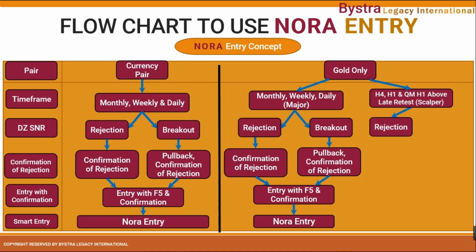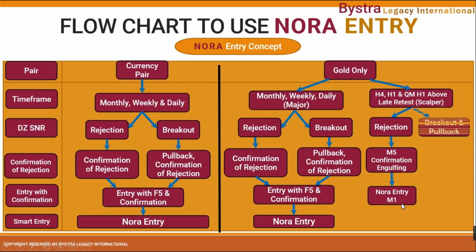Same thing goes, when there is rejection, there is a confirmation of rejection, then only we will entry. So this one will be a little bit different than here. When there's a rejection, normally the M5 engulfing, we will entry on the M1. The secret to entry on the M1 using the Nora entry, we will do later on. Next, the breakout and pullback, same goes. There is an M5 confirmation of engulfing, and we will use the Nora entry in the M1 time frame.